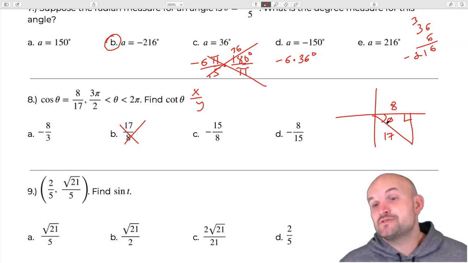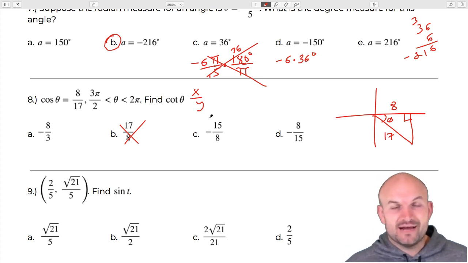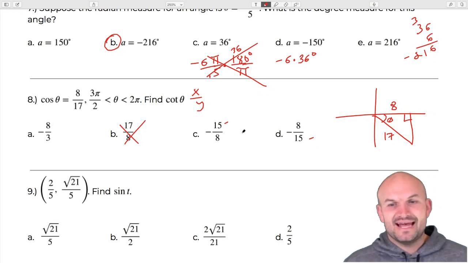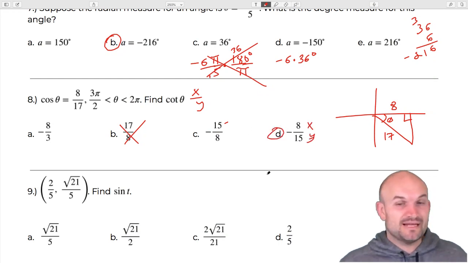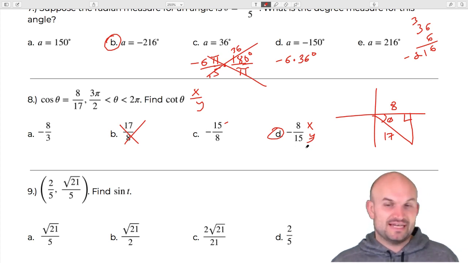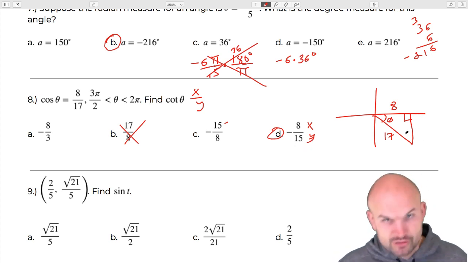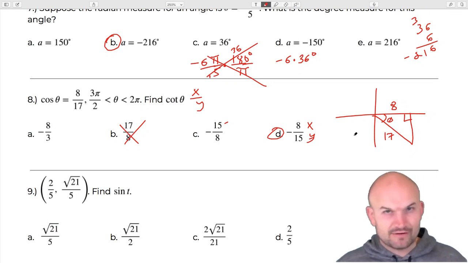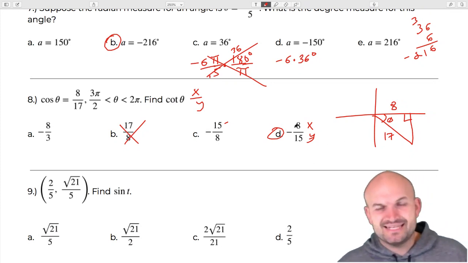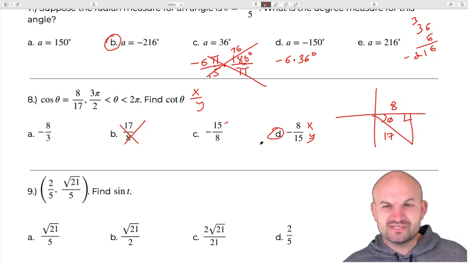I don't even know what 17 squared is. But out of my answer choices, these 15s, I'm going to go with that. Since I know 8 is my x and this is my y, I'm just going to go with D. I'm not even going to do any math. I'm just going to go with 15. I'm assuming this is a Pythagorean triple that I wrote on the board that I'm supposed to recognize. But I can just deduce the correct answer based on my answer choices.